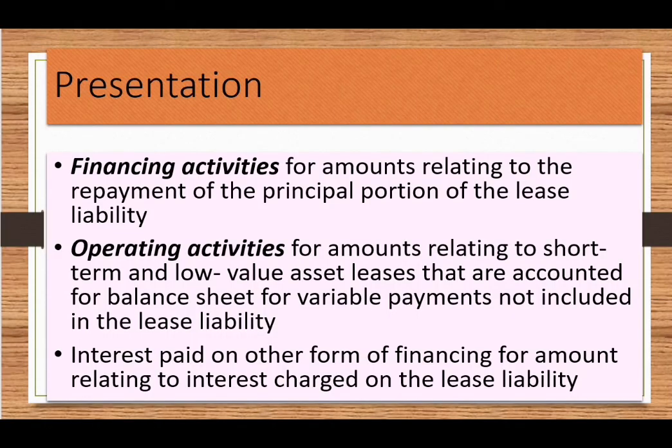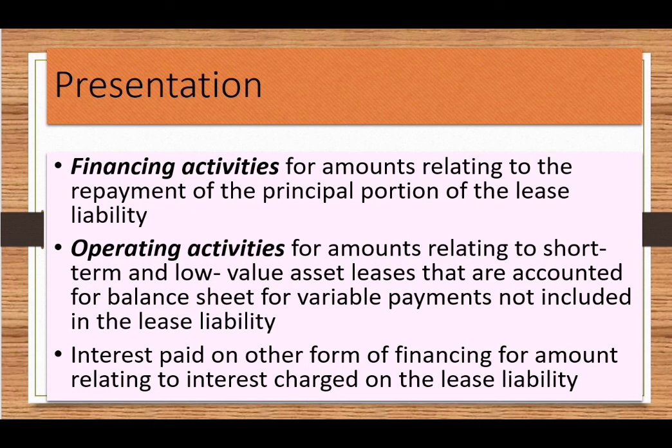Alright, so basically this is detail on presentation of both financing activities and operating activities in the cash flow statement. Financing activities is an amount relating to the repayment of the principal portion of the lease liability, while operating activities is an amount relating to short-term and low-value asset leases that are accounted for off balance sheet, and variable payments not included in the lease liability.